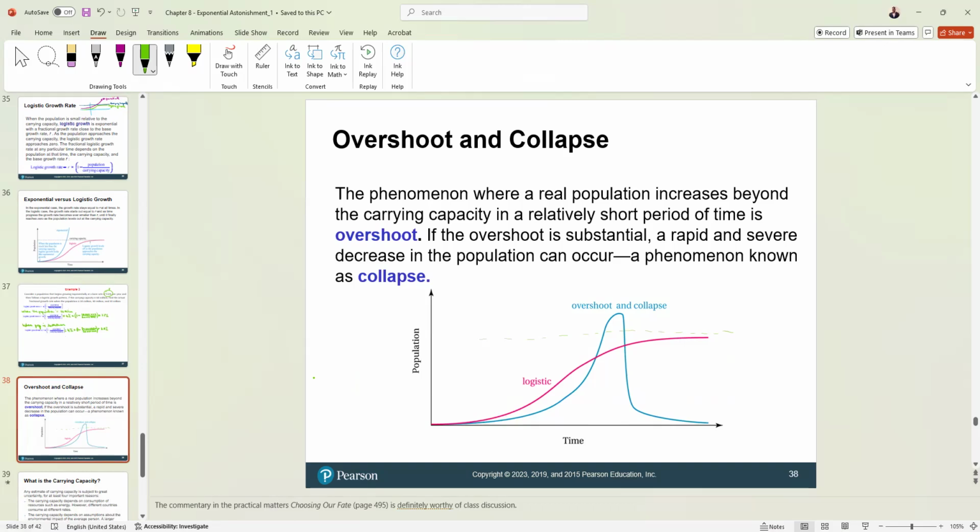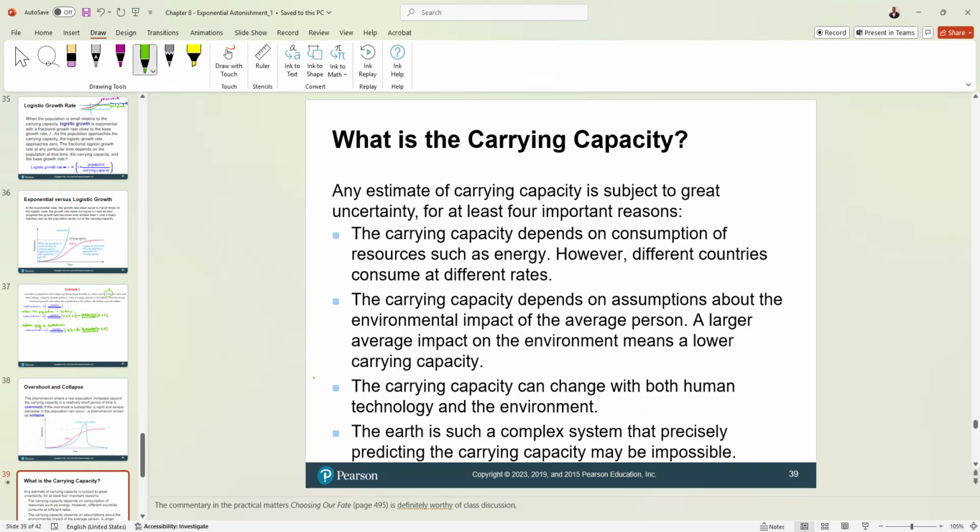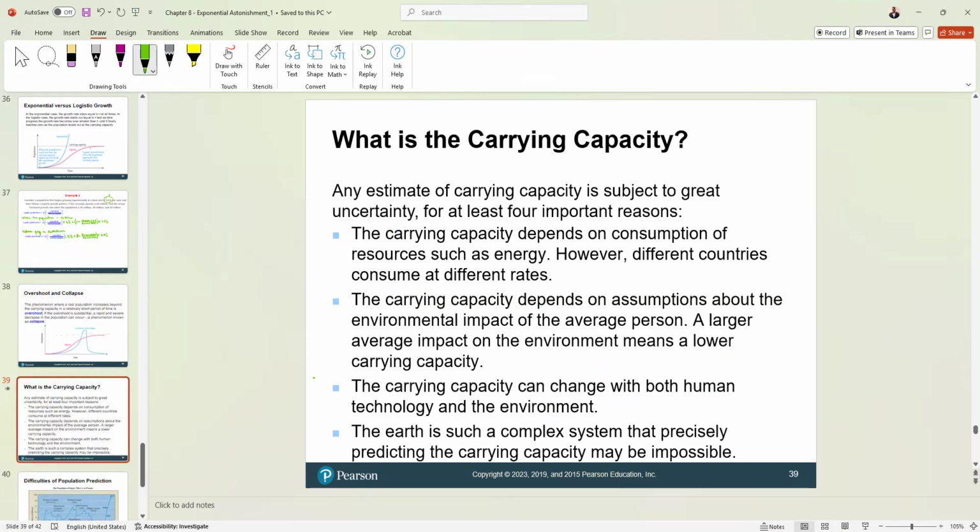There's a lot to learn about carrying capacity. I know for carrying capacity, we can read so much about it. I would strongly advise you to go over and read it because, given that human population cannot grow exponentially forever, we talked about it before, logistic growth is clearly preferable to overshoot and collapse.